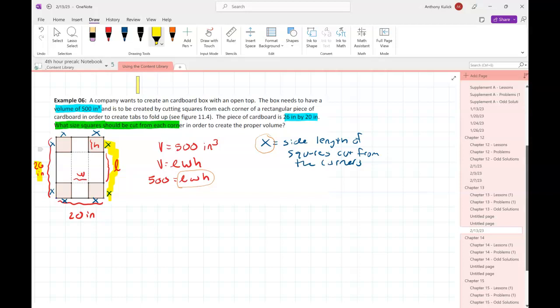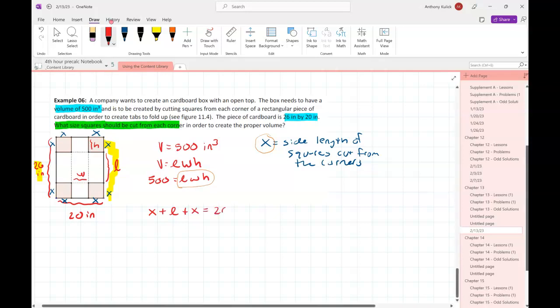See the stuff I've highlighted in yellow? What equation could I write from that? If I add up x plus L plus x, that's got to be one side of my cardboard sheet, the 26 side. Or if I rearrange that, I could say L is going to equal 26 minus 2x.